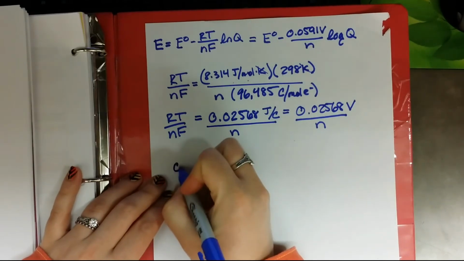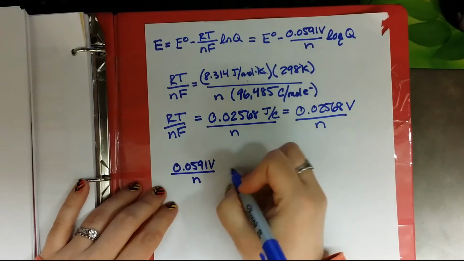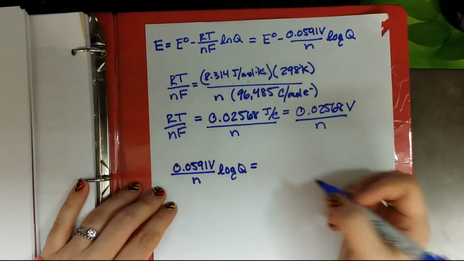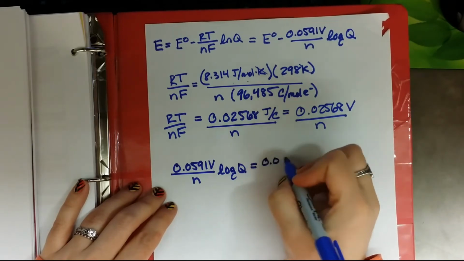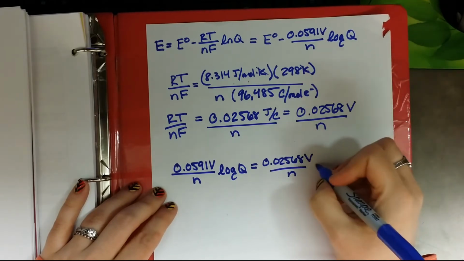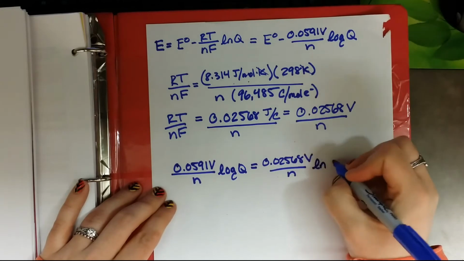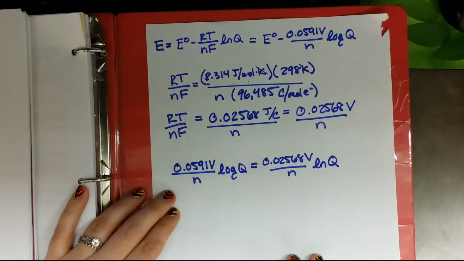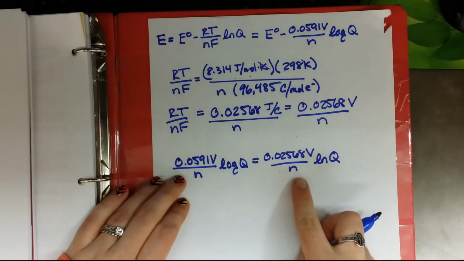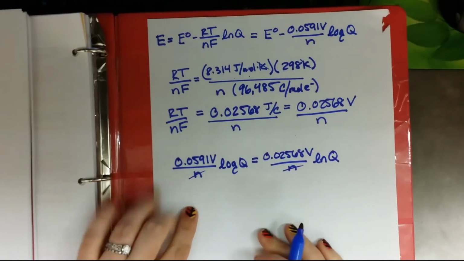If we take 0.0591 volts over N times log of Q equal to 0.02568 volts over N times the natural log of Q, now we have an N on both sides, which basically just cancels out.